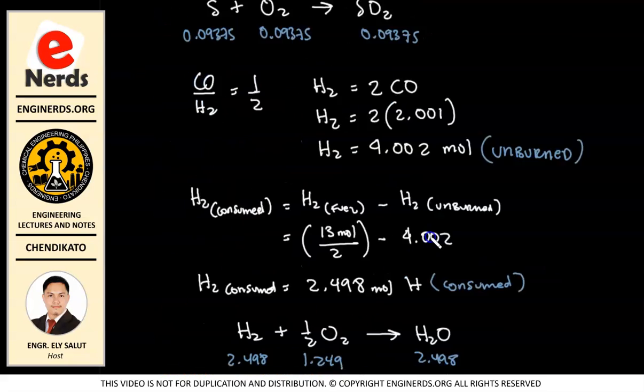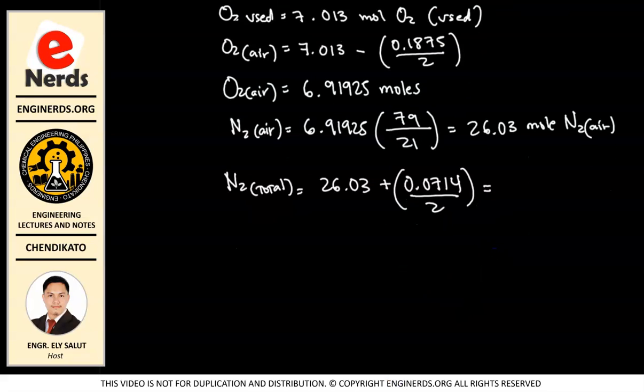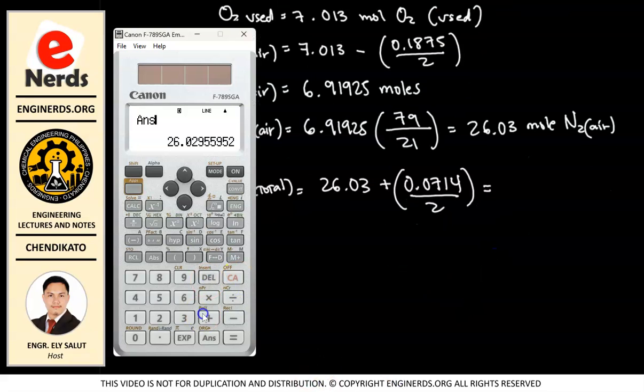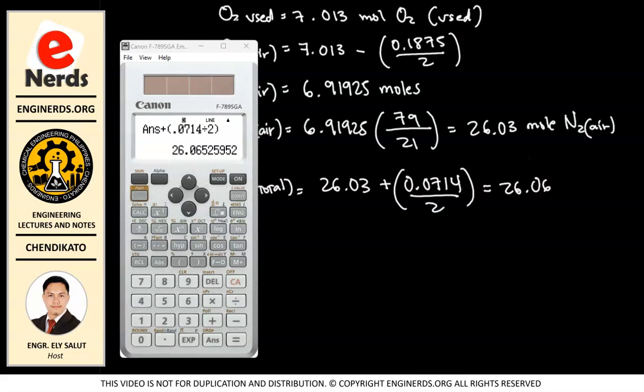So 26.03 plus 0.0714 divided by 2 is equal to 26.065.